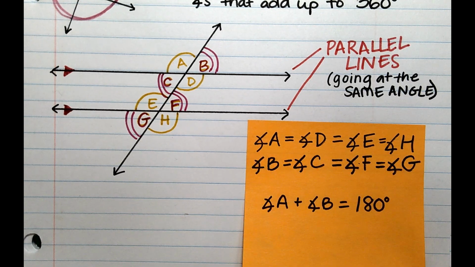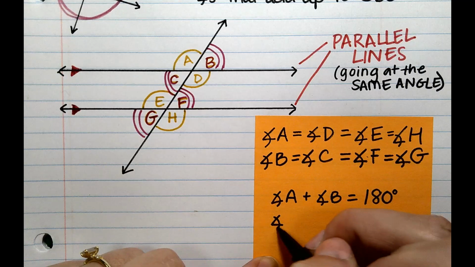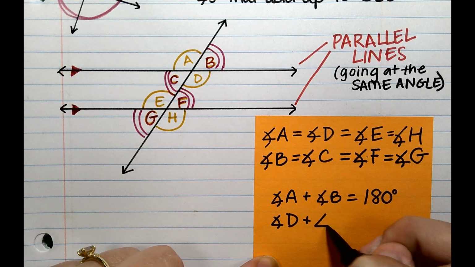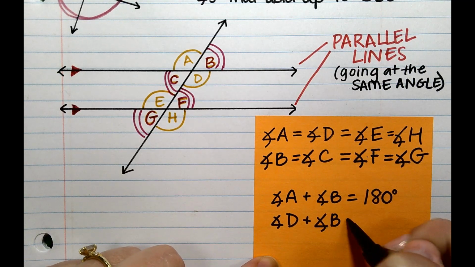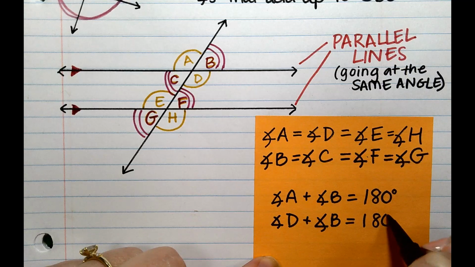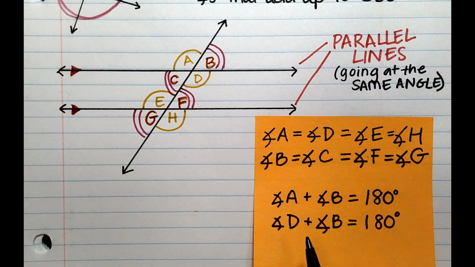Yeah. I could. They're the same. It's just like replacing variables. I could say angle D plus angle B equals 180. Is that true? Yeah. It sure is.